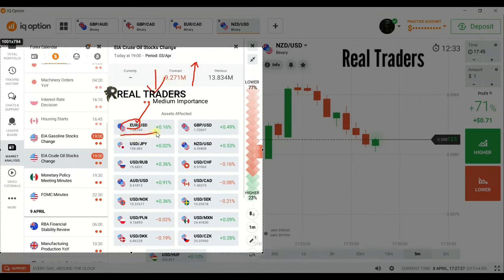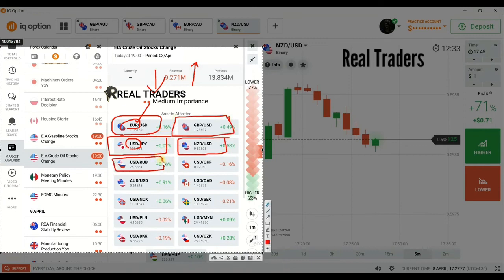So don't open the Euro USD, open another one if you want to trade the USD news. Try to open the USD JPY, NZD USD, GBP USD. So if you want to trade the USD news and you open another news at the same time at 7 p.m.